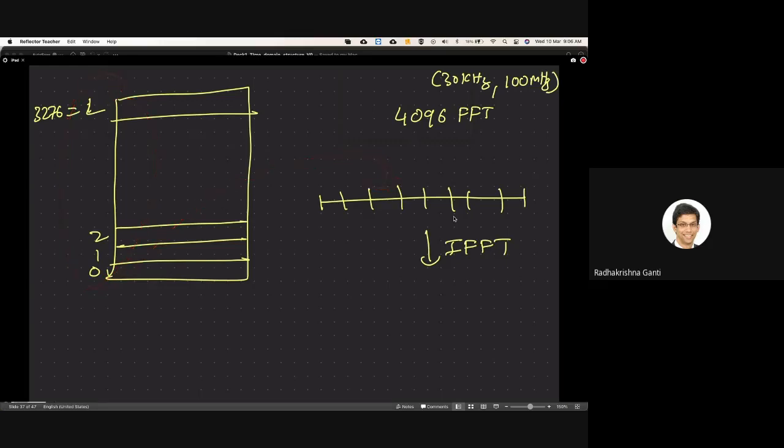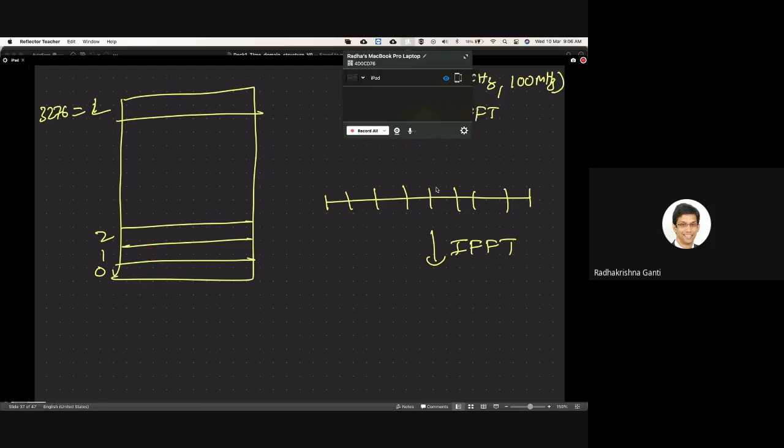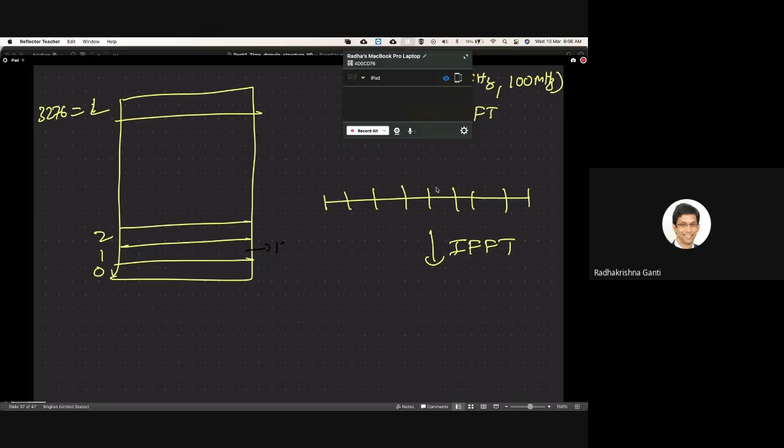The way it gets mapped is given by this particular equation. Essentially, the kth element of the resource grid gets mapped to mod of (k minus L by 2, N).